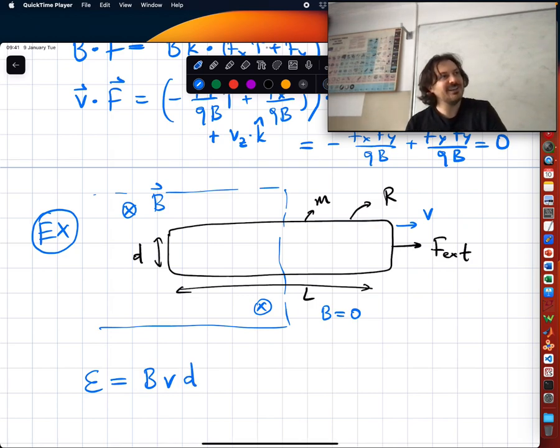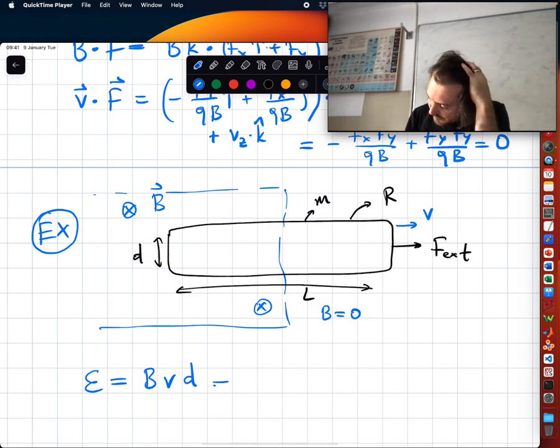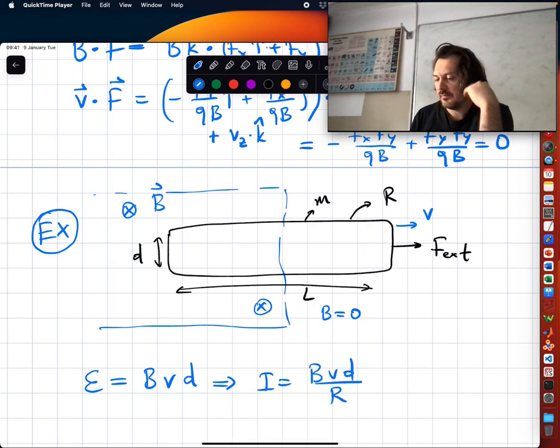But if you can write it, please write it. Like if you can't derive but still can write it, that's also fine. So this is the EMF. Then current is Bvd over R. Are we sure it is over R, not 2R? Yes, we are sure.